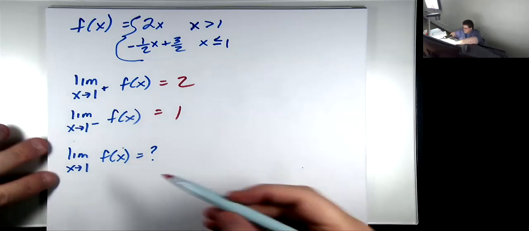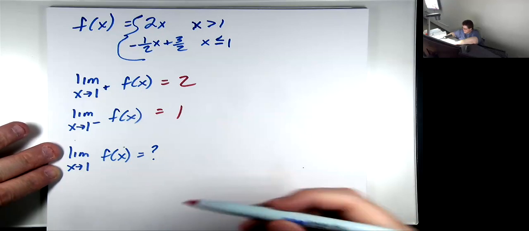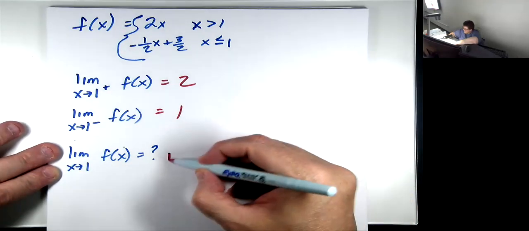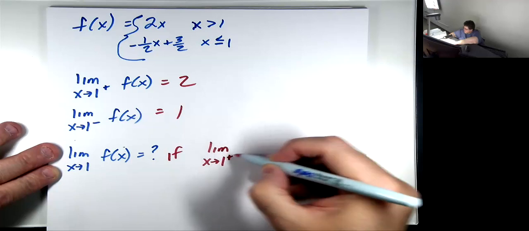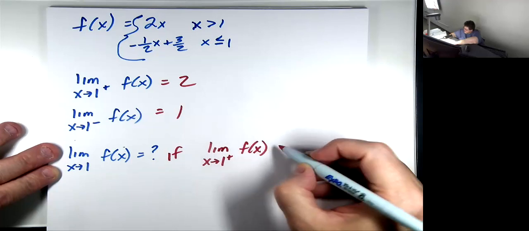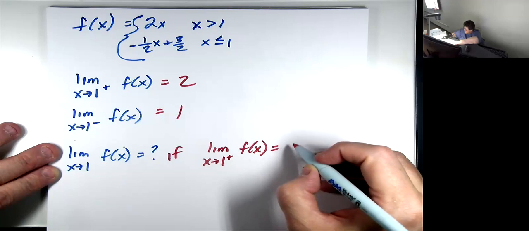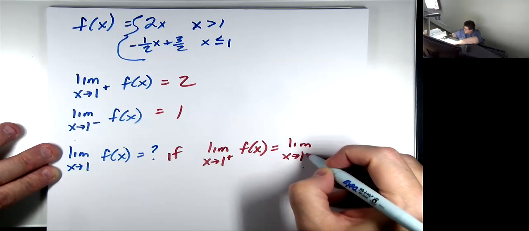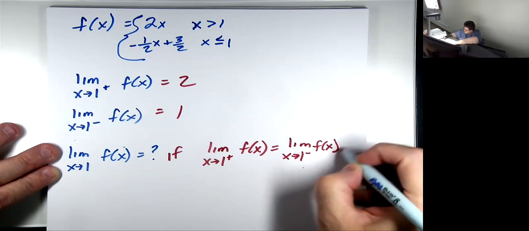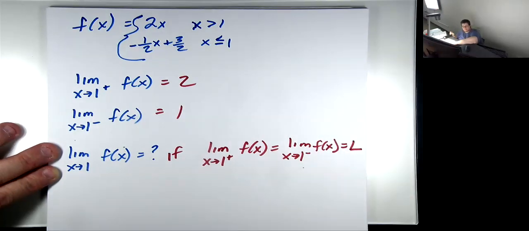Now the limit as x approaches 1 only exists if the limit as x approaches 1 from the right of f of x equals the limit as x approaches 1 from the left of f of x. They both have to be the same limit. Here, I don't have that.